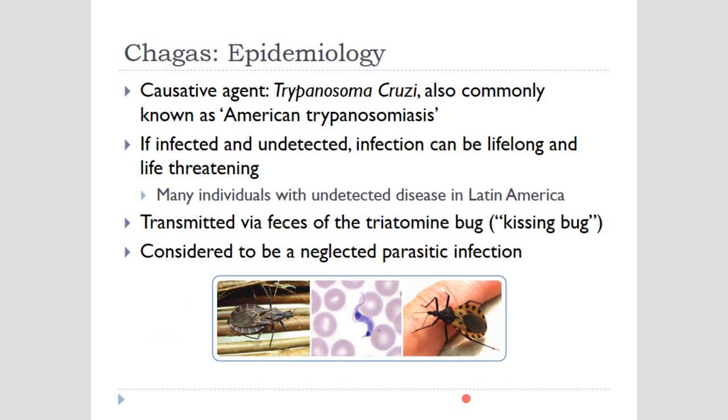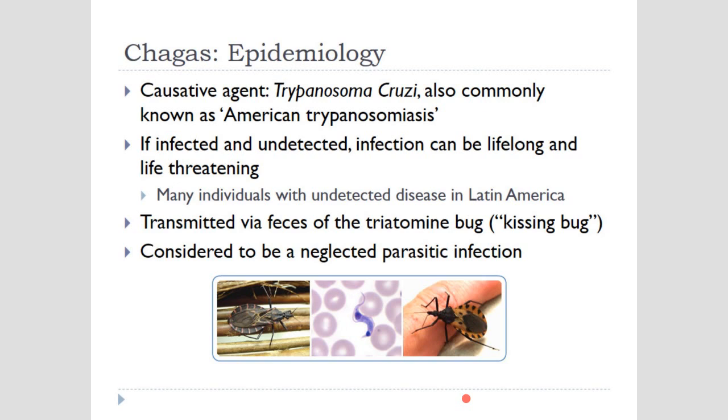And again, the problem with these kinds of things is that if you are infected and undetected, the infection can be lifelong and life-threatening. That happens very commonly in Latin America, and because of the trafficking back and forth, people can carry it.